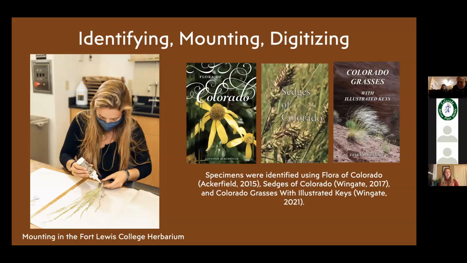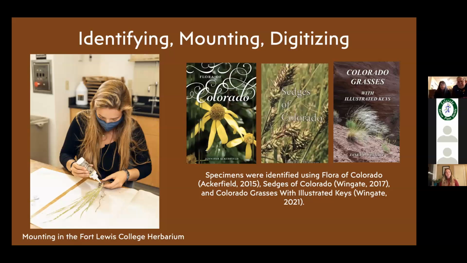The picture on the left is a picture of me mounting a specimen. What you do is you take your specimen and you put some pH neutral glue on the specimen, and then you put it on this cotton or barium paper, and you try and line it up and make it look nice. And I love this part because it really added to my artistic side. I thought every piece was like making art, and it was really fun. I really loved doing that.